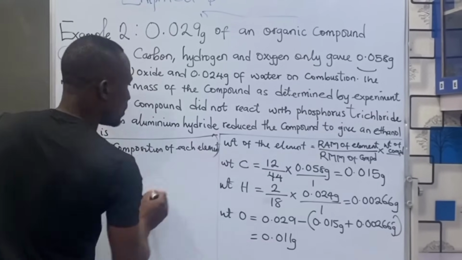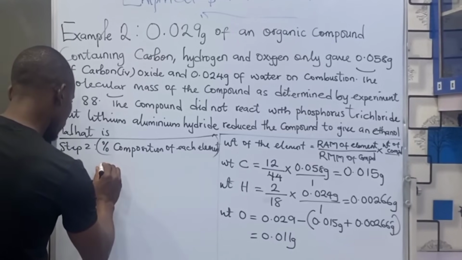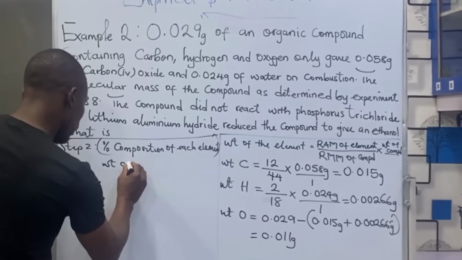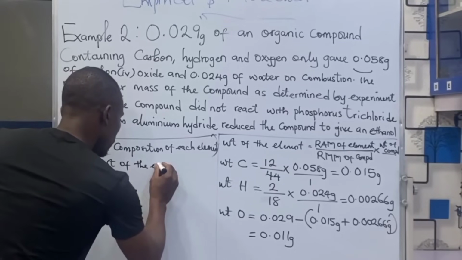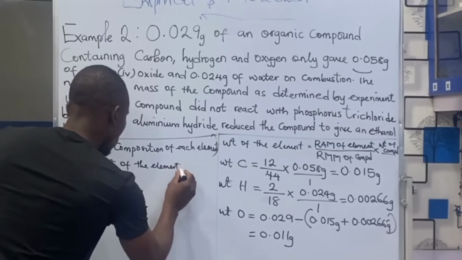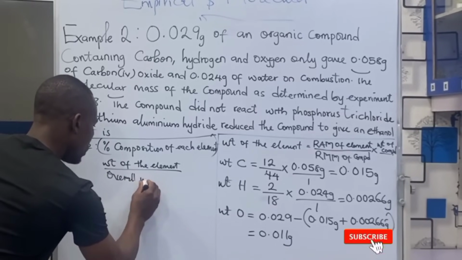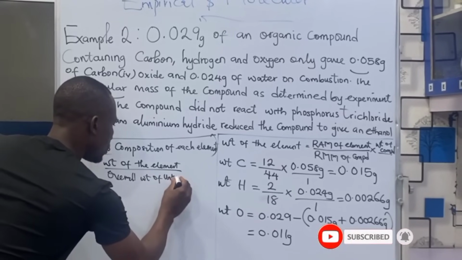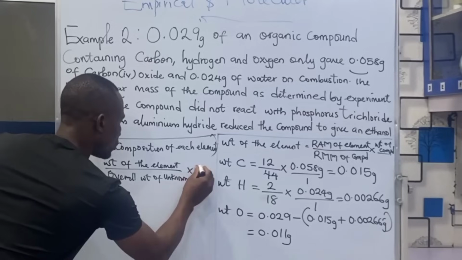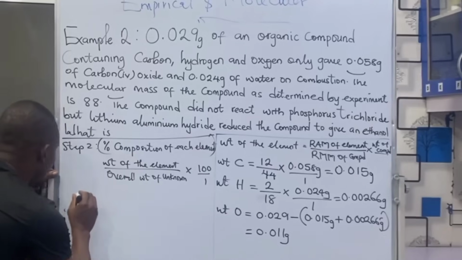Mathematically, that can be expressed as the weight of the element over the overall weight of the unknown compound, times 100.